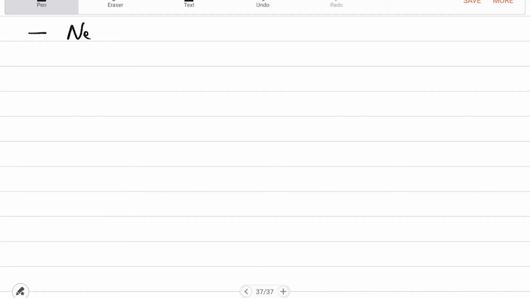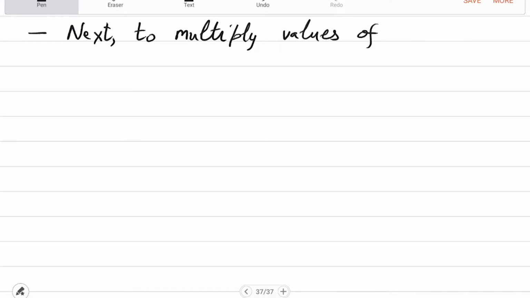Now next, to multiply the values of big F and big G in E. So the number of values is how many?